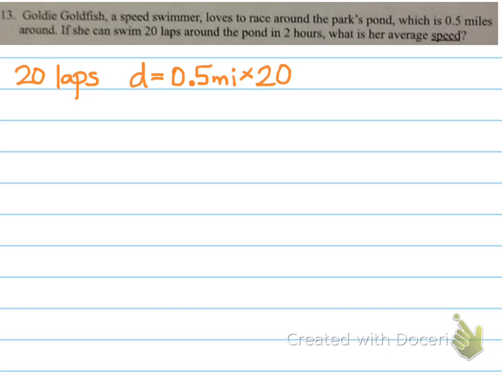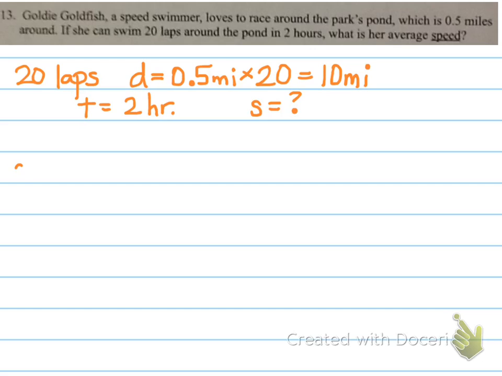Okay? Because she does that 20 times, which is 10 miles. Right? 0.5 times 20 is 10. And then the time is 2 hours. And we want to know what her speed is.